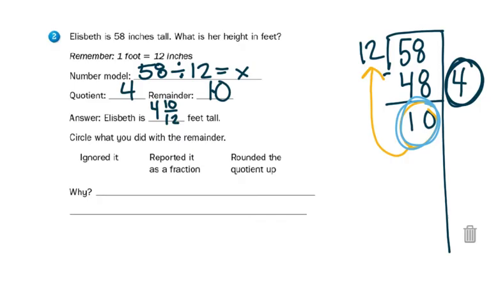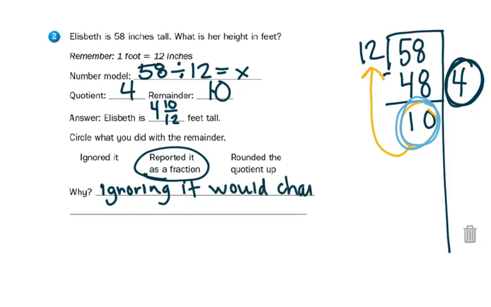Did we report it as a fraction, or did we round the quotient up? We report it as a fraction. Most of us are not exactly 4 feet tall or 5 feet tall or 6 feet tall. So ignoring it would change Elizabeth's height.